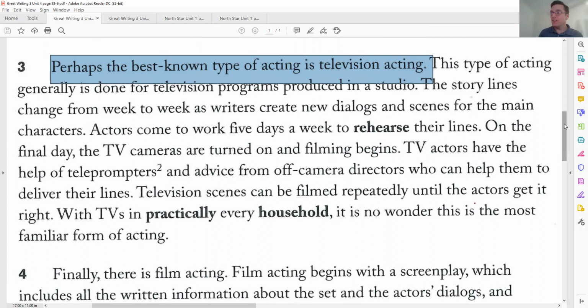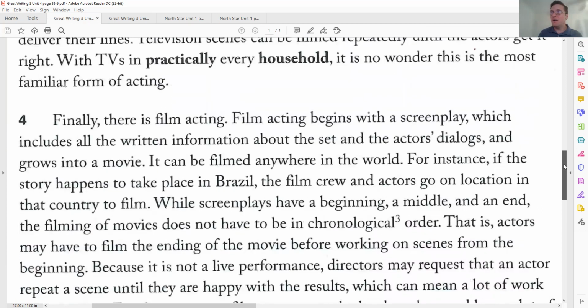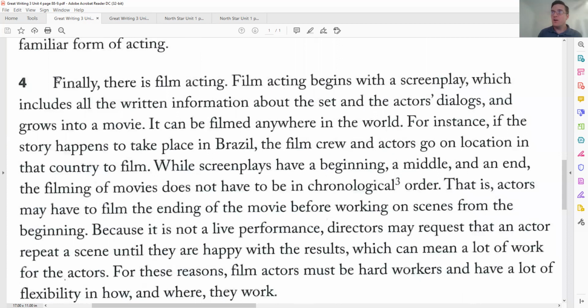And then finally, our third body paragraph, our third type of acting. Finally, there is film acting. And we get a whole body paragraph, a whole lot of supporting detail, all describing and detailing film acting. Three types of acting, three body paragraphs.